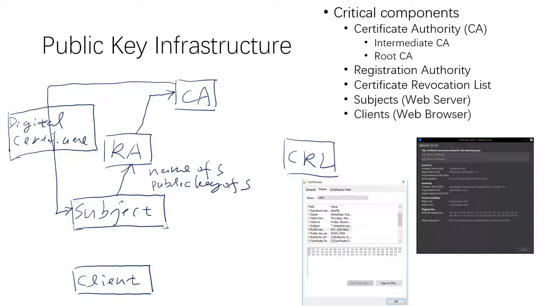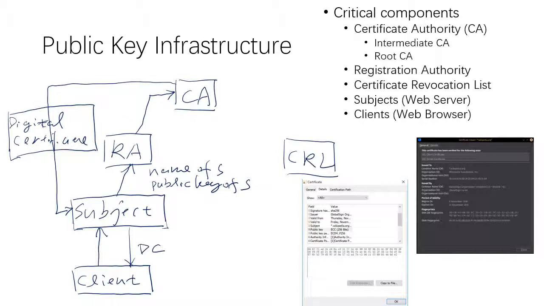Suppose a client uses his web browser and wants to visit the web server. He will send a request to ask for the digital certificate of the subject. Upon receiving the request, the subject will return the digital certificate to the client.